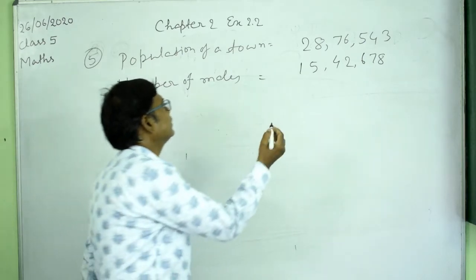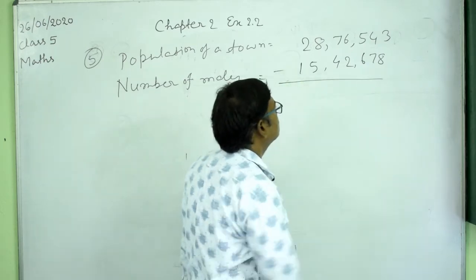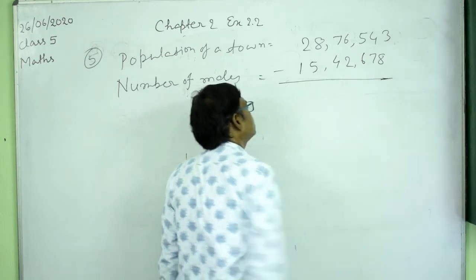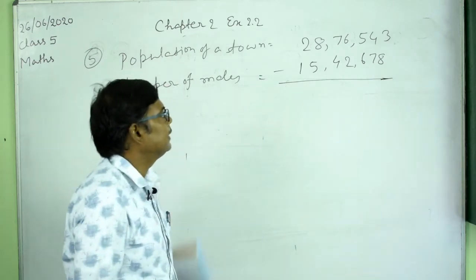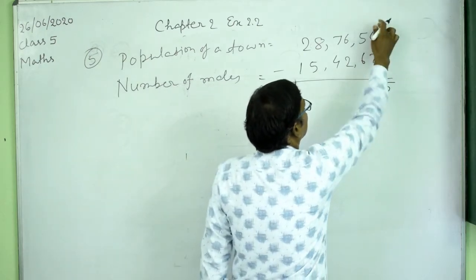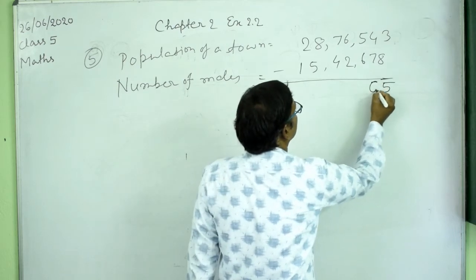So you have to subtract here. Subtract these 2 numbers, then you will get the number of females. Here 3 minus 8, it will be 5. Here you will have 12, so 13 here, so it will be 6.